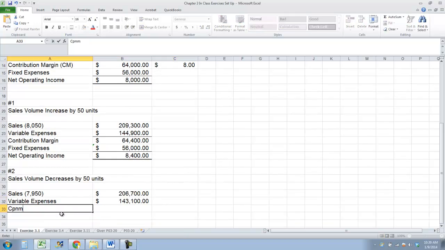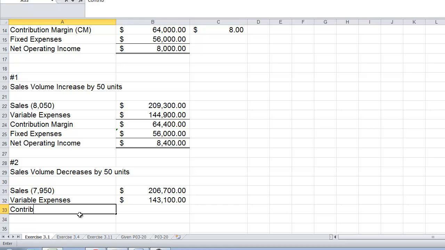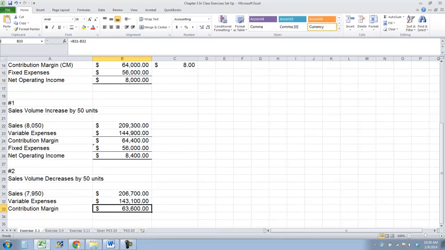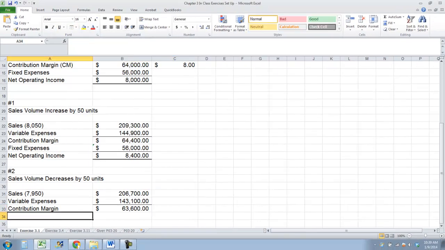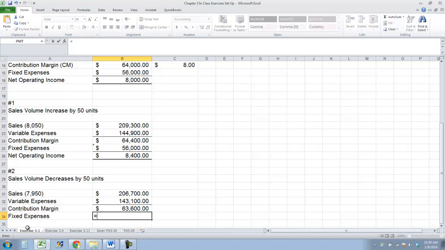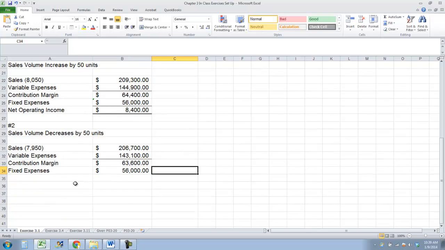So our contribution margin equals sales minus variable expenses, or 63,600. Fixed expenses do not change, remember, with volume. So we're going to have the same.